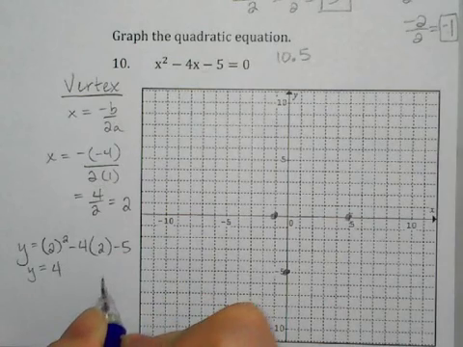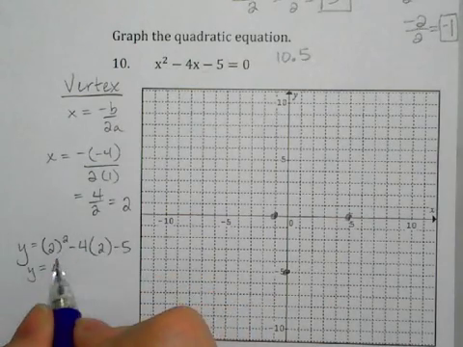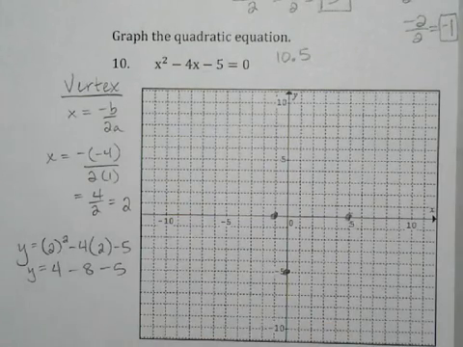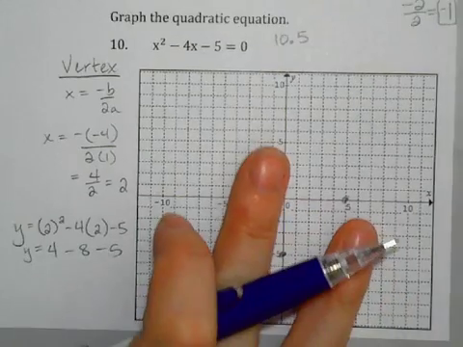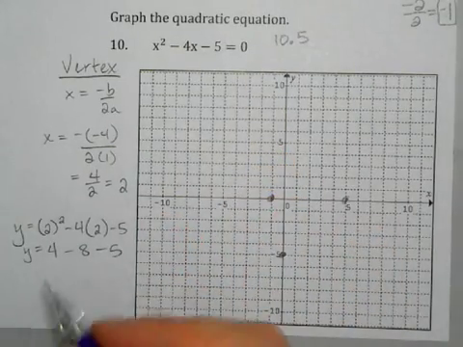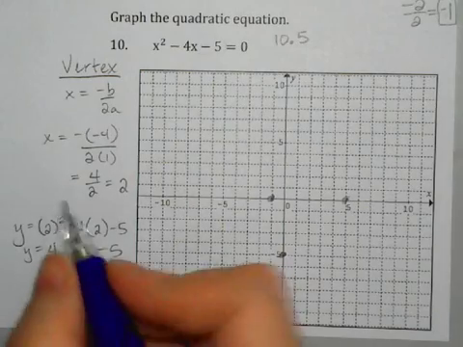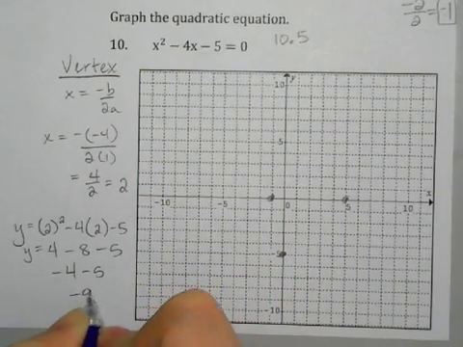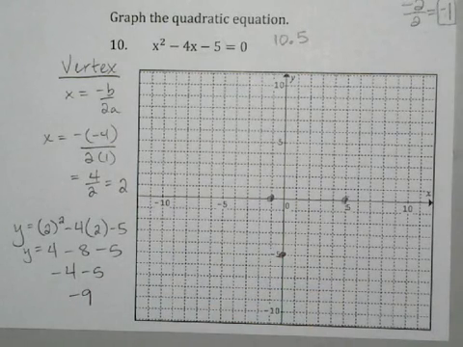Negative 4 times 2 is negative 8. And then drop down the minus 5. 4 minus 8 is negative 4. Drop down the minus 5. And I get negative 9 for y.